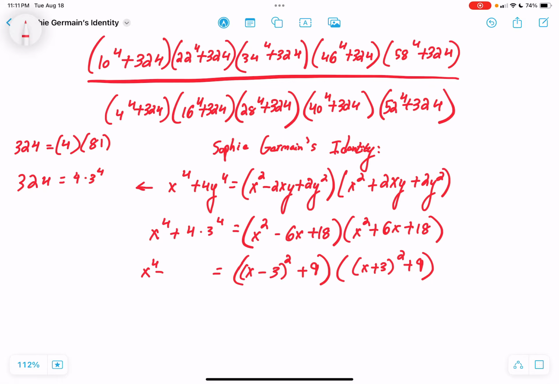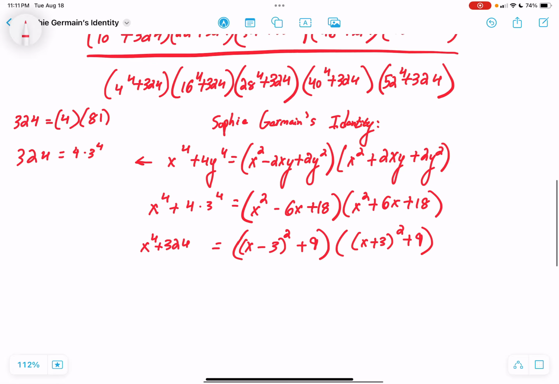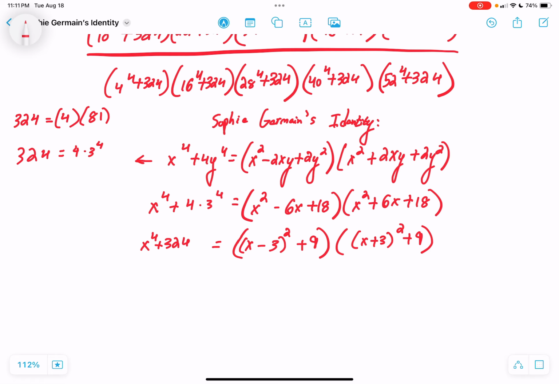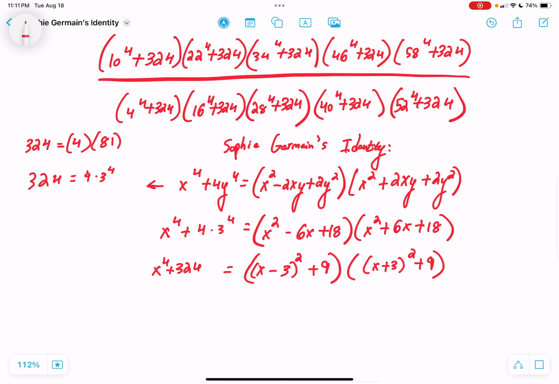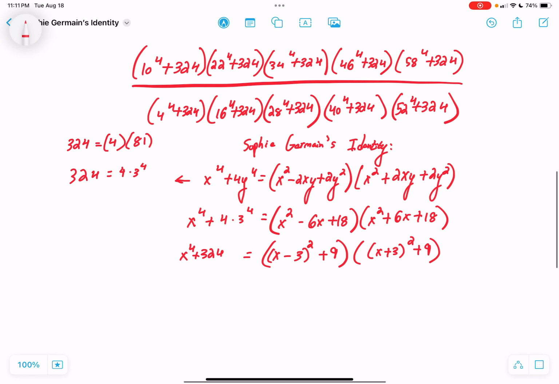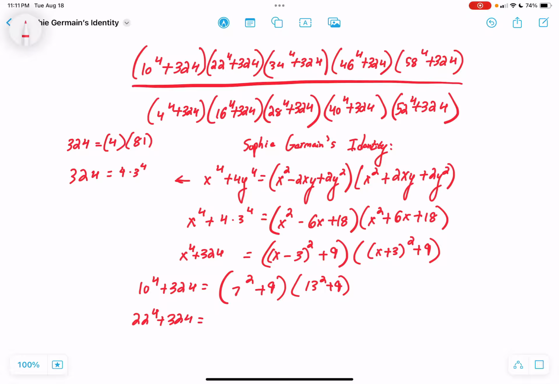And here's that 324, right? So now I can just take all my x values that I have. So for instance, I have 10 to the 4th as my first thing. So I can say 10 to the 4th plus 324 is equal to, all right, so that's going to be 7 squared plus 9 times 13 squared plus 9. 22 to the 4th plus 324 is equal to 19 squared plus 9 times 25 squared plus 9.